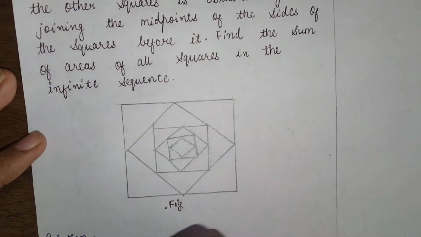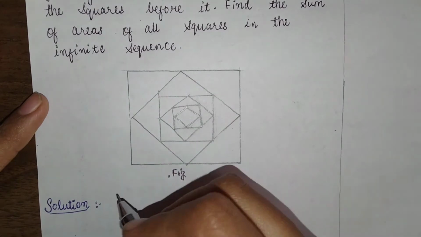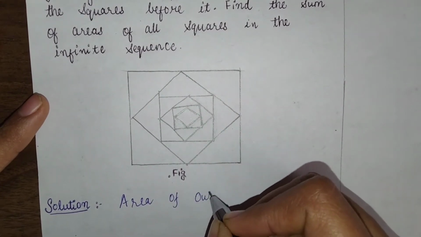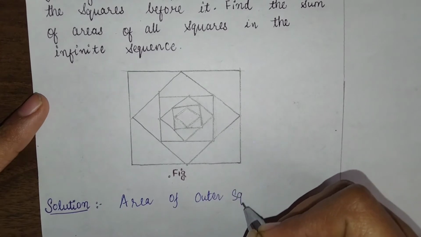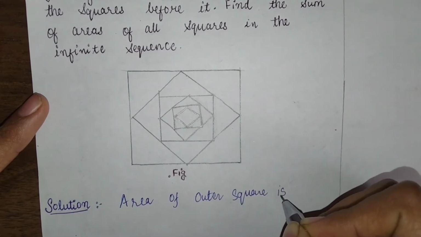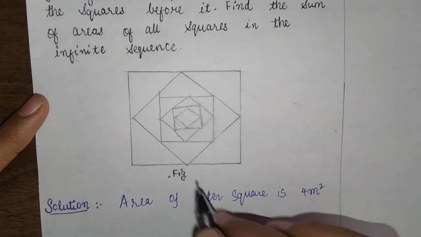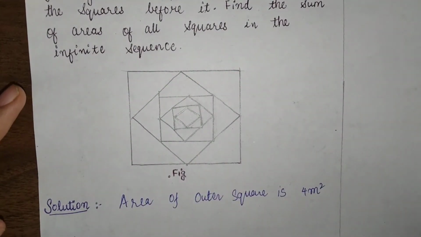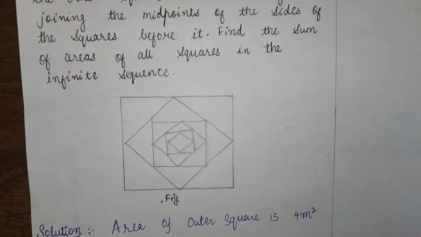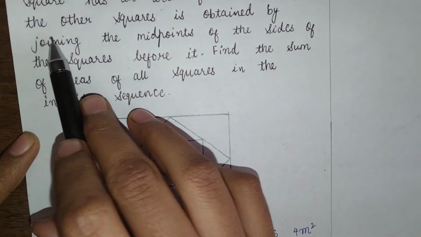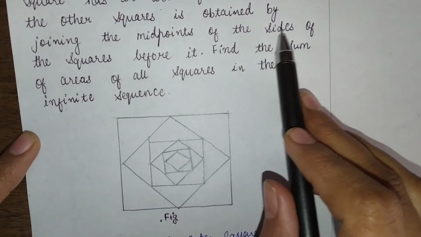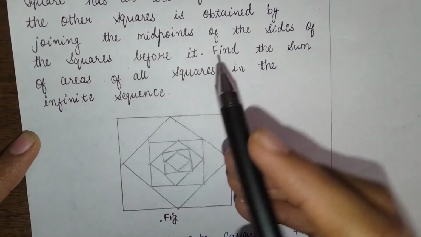Now let us see the solution. So the area of the outer square is 4m square. The area of the outer square is given, and we have to find the area of all these squares. Okay, and what is said is that each of the other squares is obtained by joining the midpoints of the sides of the squares before it.